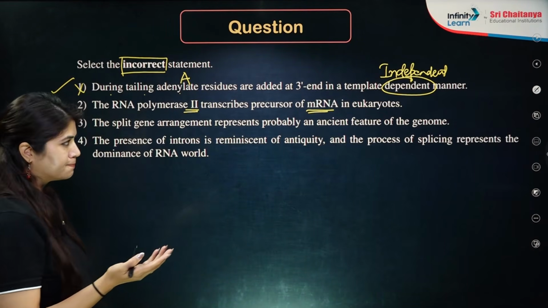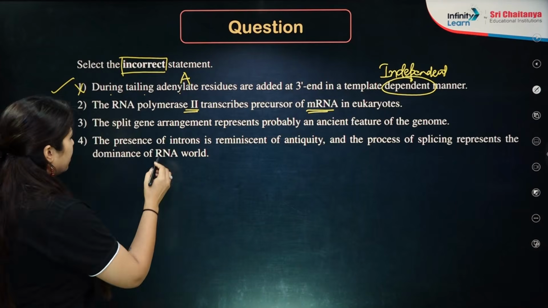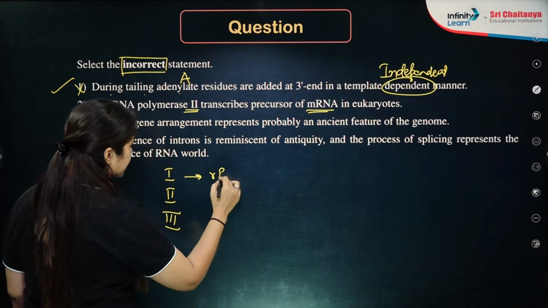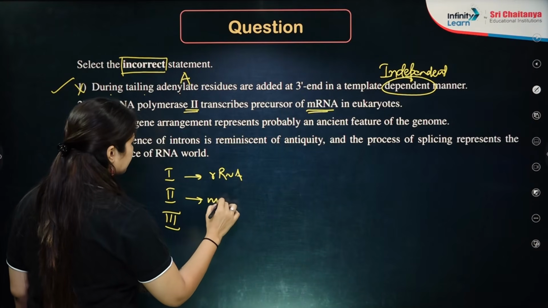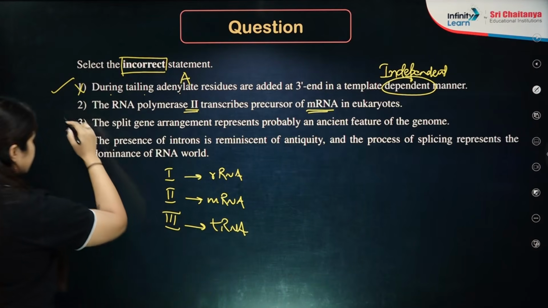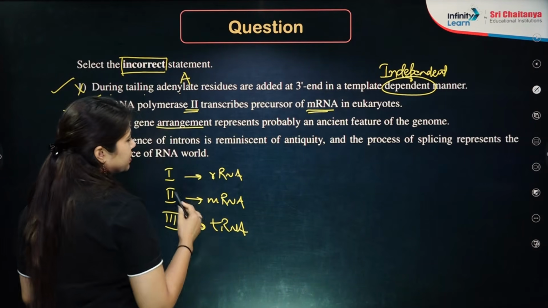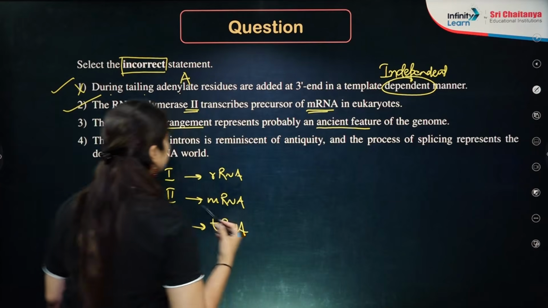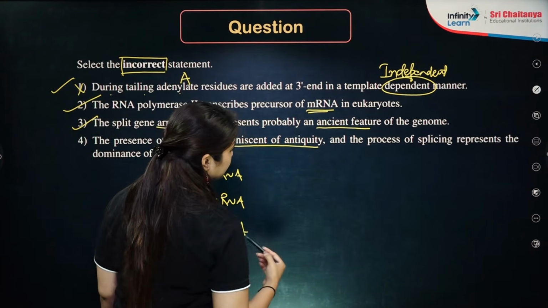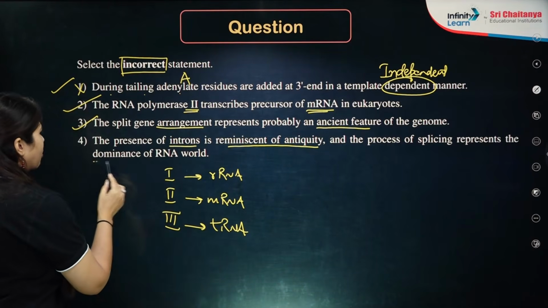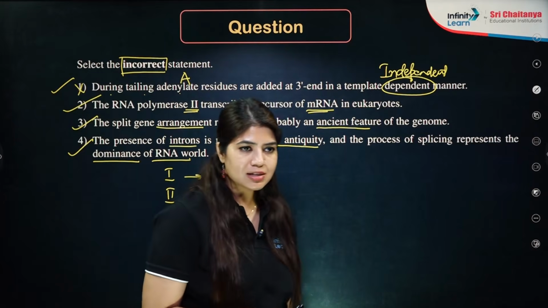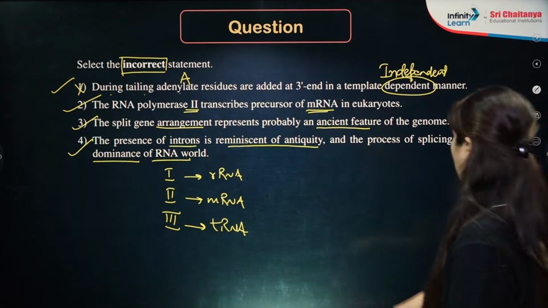We do have polymerase 1, 2 and 3. Polymerase 1 is responsible for rRNA synthesis, polymerase 2 is for mRNA, and polymerase 3 is for tRNA. So this is a perfectly correct statement. The split gene arrangement represents probably an ancient feature of the genome. Again correct. The presence of introns is reminiscent of antiquity, and the process of splicing represents the dominance of the RNA world. Perfectly correct. First is incorrect. Incorrect has been asked, so my answer is option number 1.